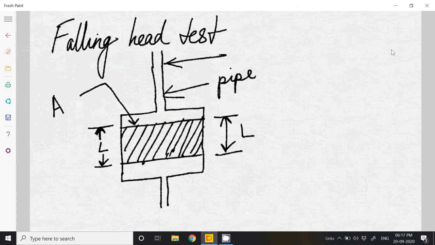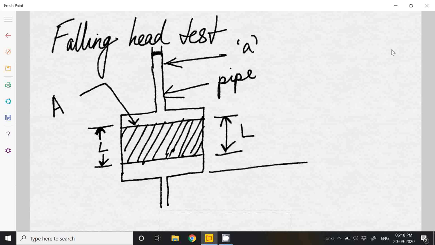Now at the very beginning, when the water starts falling, assume that at first the water is here, and this is the bottommost part. So first the head is H1.